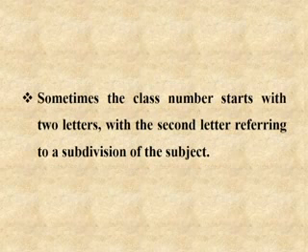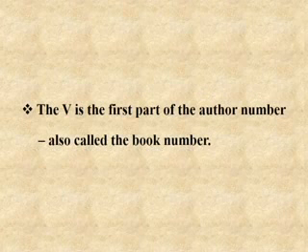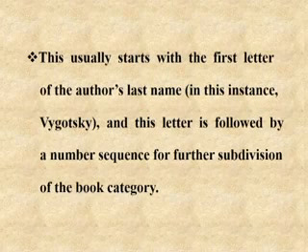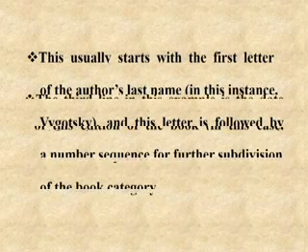Sometimes, the class number starts with 2 letters, with the second letter referring to a subdivision of the subject. The V is the first part of the author number, also called the book number. This usually starts with the first letter of the author's last name, in this case Vygotsky, and this letter is followed by a number sequence for further subdivision of the book category.